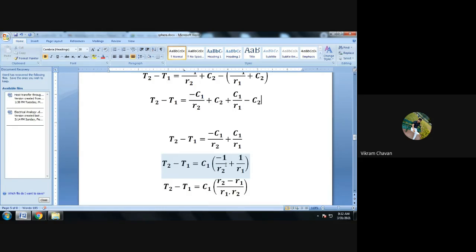So after cross multiplication, T2 minus T1 equals C1 into the bracket R2 minus R1 divided by R1 multiplied by R2.